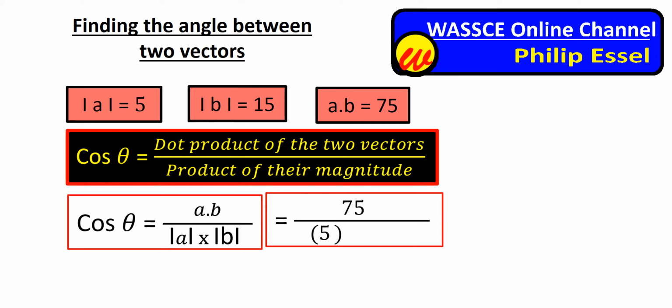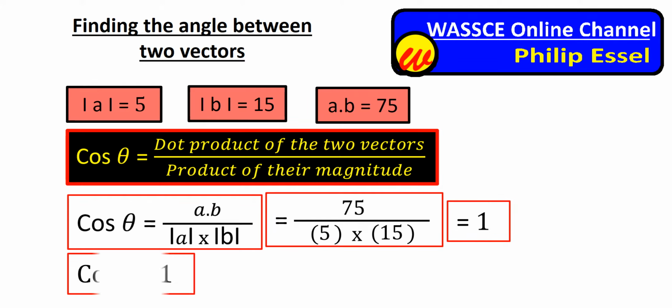Then our multiplication sign, then the magnitude of the vector B, which is equal to 15. When we punch this on the calculator, we would get 1. Our cos theta is therefore equal to 1.